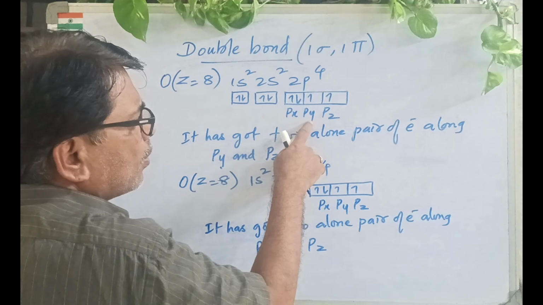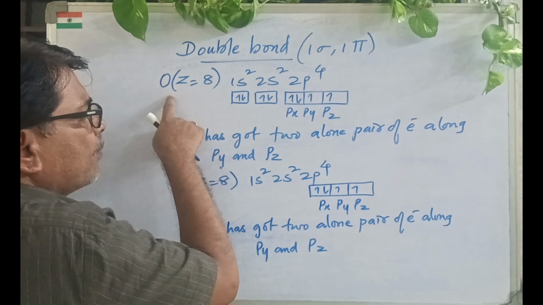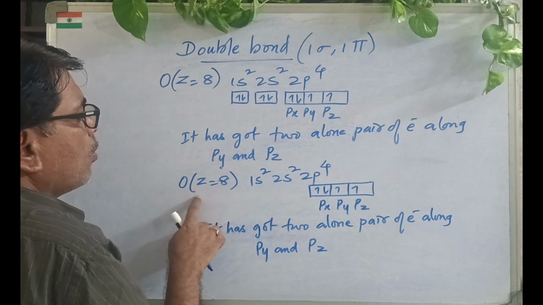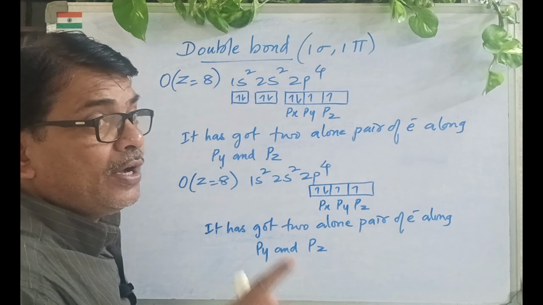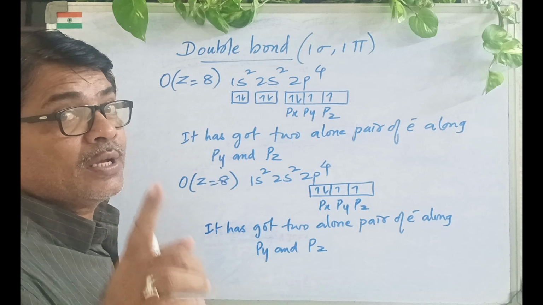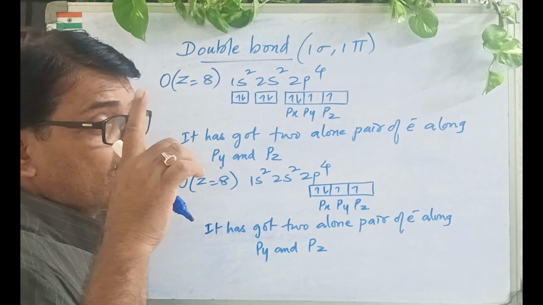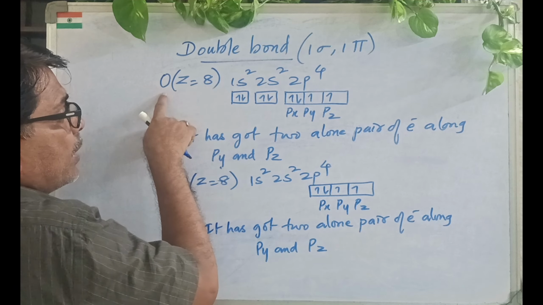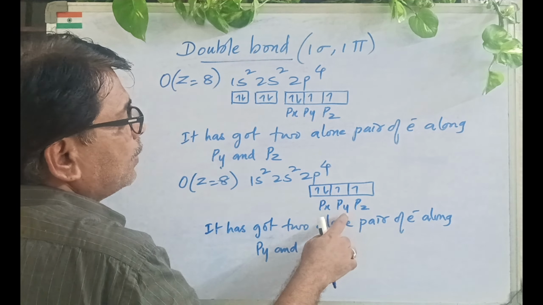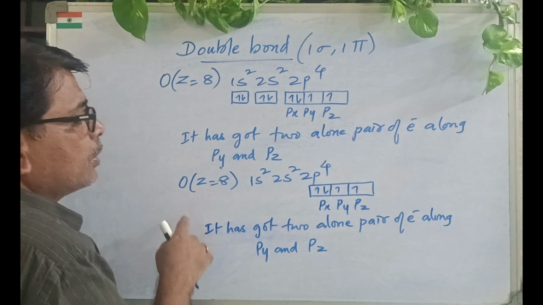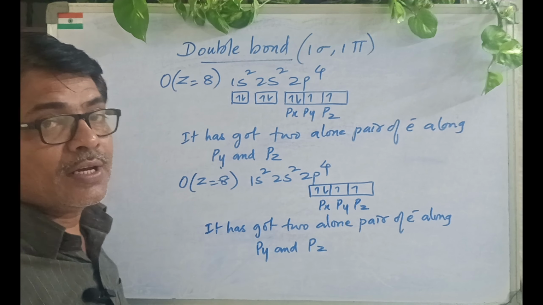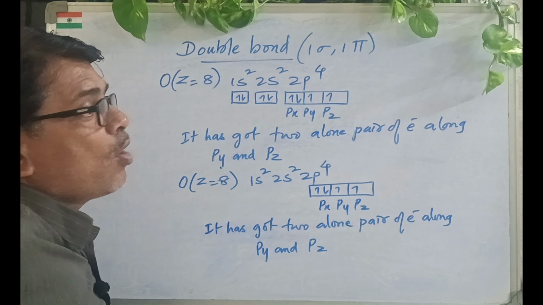End on end overlapping will take place. First case you will get is always end on end. Once again, py orbital of one oxygen atom overlaps with py orbital of another oxygen atom. End on end overlapping takes place and the resultant is sigma bond.